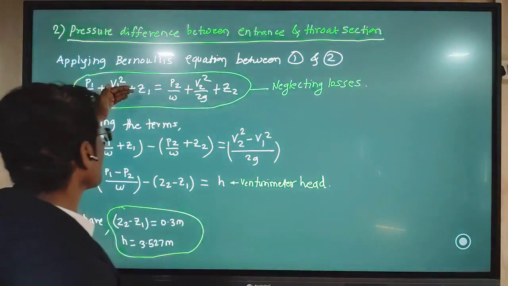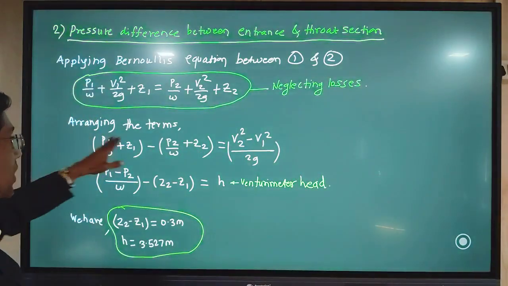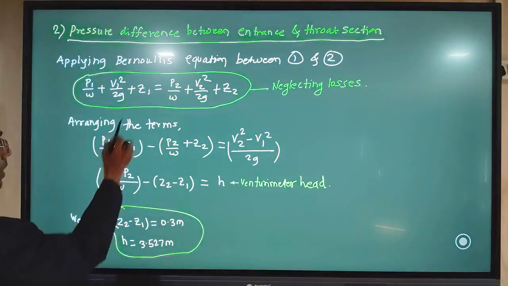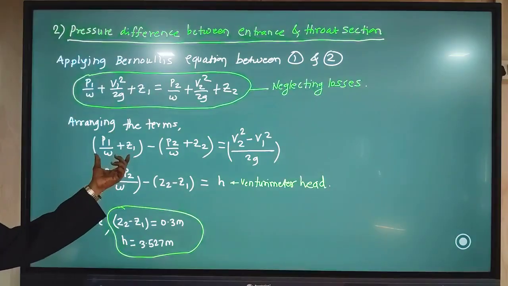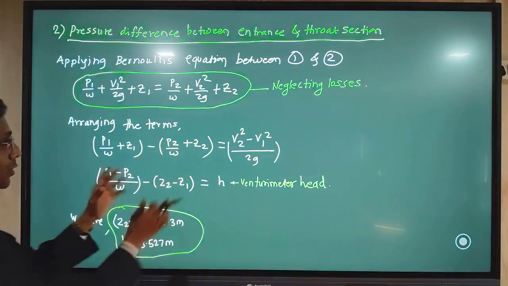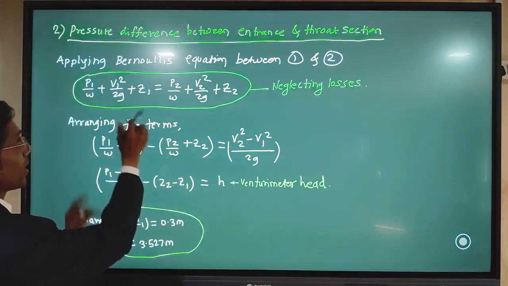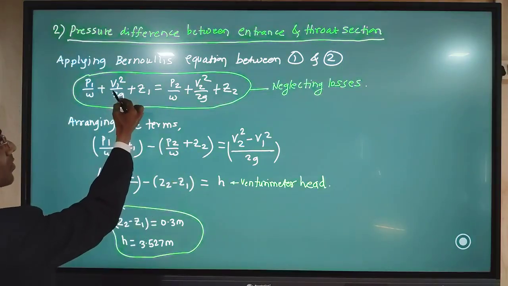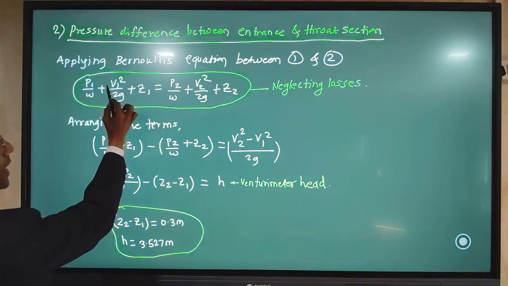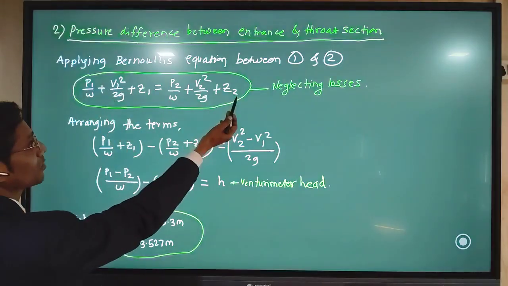Now, this equation we arrange in the form: P1 by W plus Z1 we take together, minus P2 by W plus Z2 together. These are the two brackets, and the velocity parameter, that is the kinetic energy at the inlet, we take on the right side of the equation.